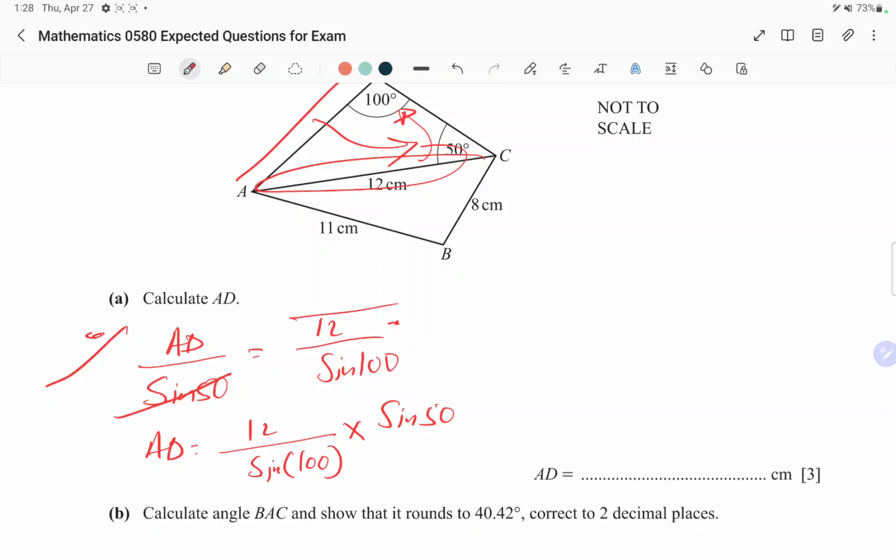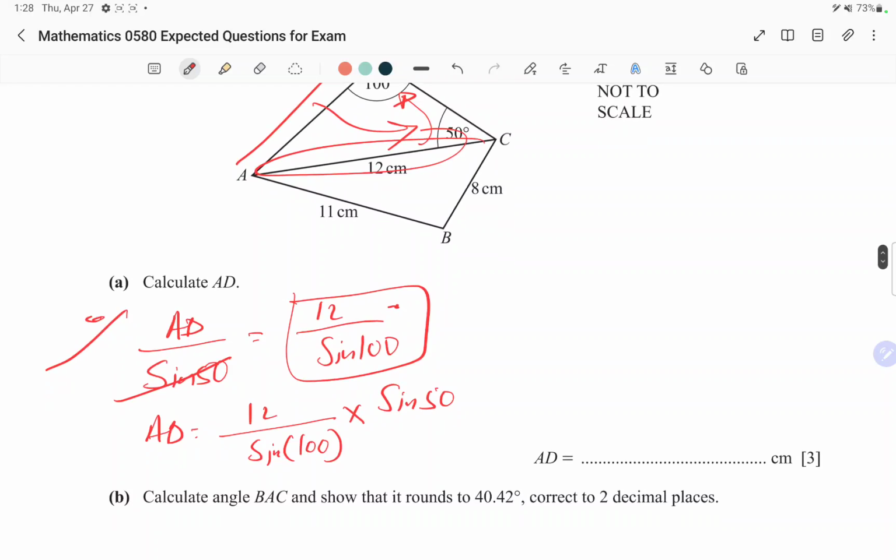So here what we will get, 12 times sine of 50 over sine of 100. That is 6.21 I got. My calculator is in radian, it should be in degree first.